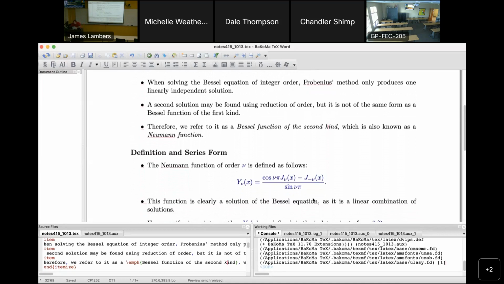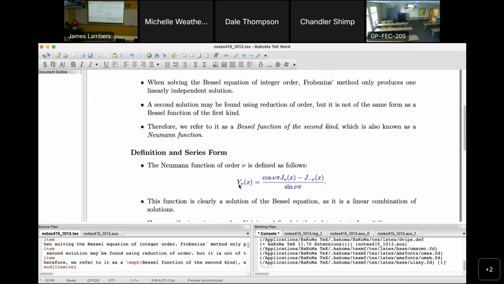So what we have here is a linear combination of two Bessel functions of the first kind, of order nu and minus nu. The Bessel equation is a linear differential equation, linear and homogeneous, which means that any linear combination of solutions is also a solution. So because J nu and J minus nu are solutions, Y nu is also a solution.